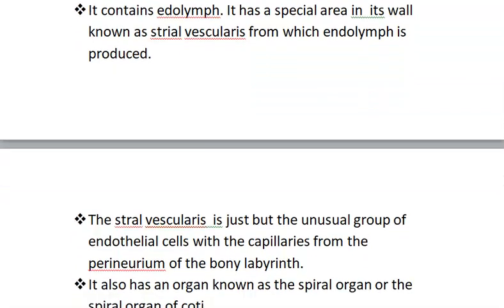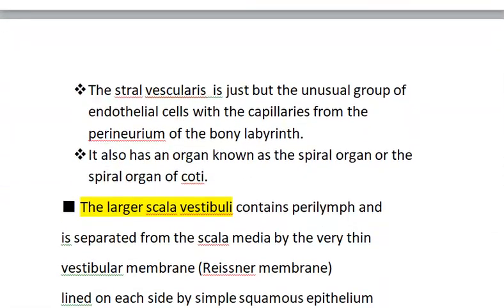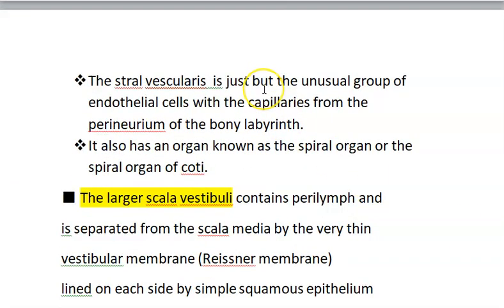Now this stria vascularis, friends, is just an unusual group of endothelial cells with the capillaries that are from the perineurium of the bony labyrinth. So it's just the combination of endothelial cells together with the capillaries that are from the perineurium of the bony labyrinth.